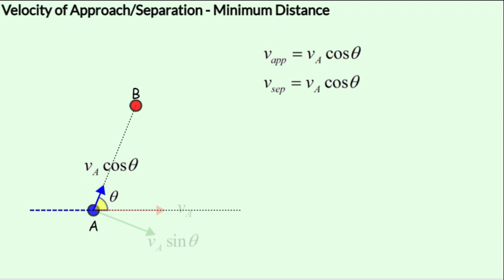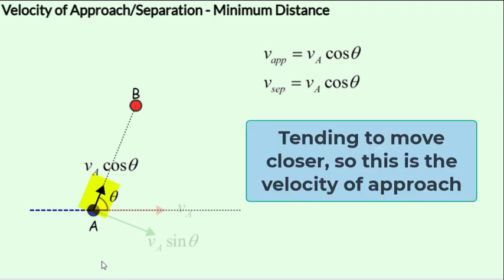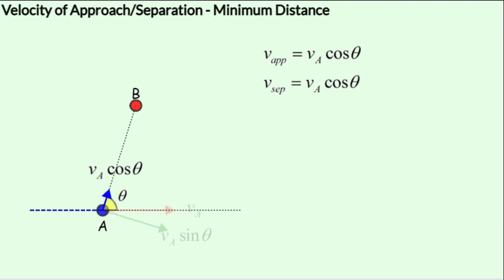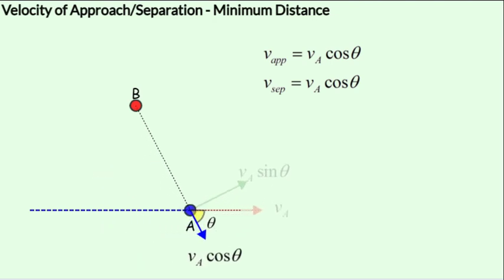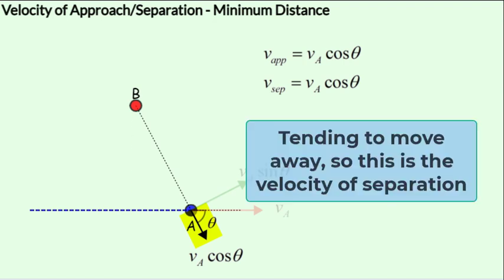We are interested in VA cos theta, and as you can see, initially it points towards B, so this is the velocity of approach. And then it points away from B as it crosses the perpendicular, so this is the velocity of separation.